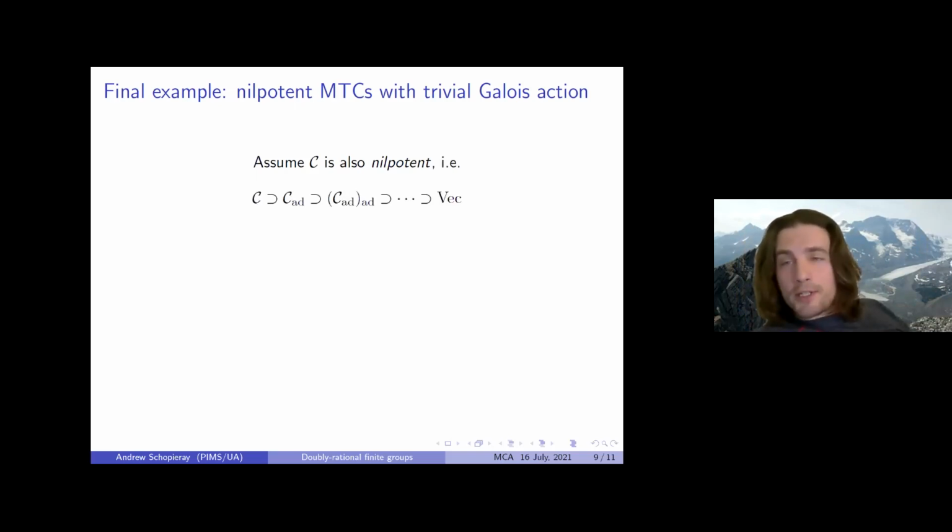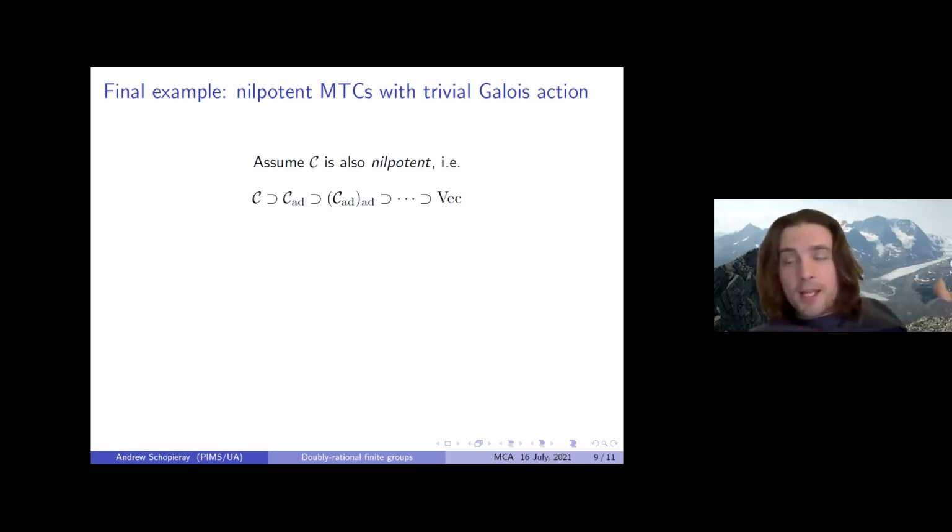By nilpotent, I mean we look at the following sequence. I take the universal grading of my modular tensor category and look at its trivial component. And then I just keep doing that over and over again. And nilpotency is what you would expect, that this eventually terminates in the trivial category with one simple object.